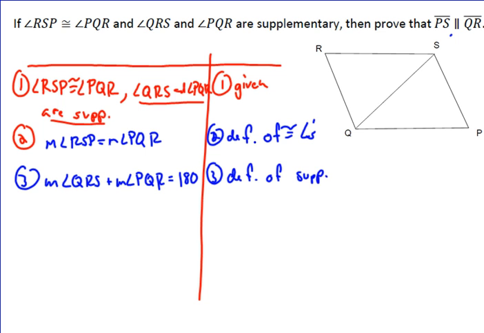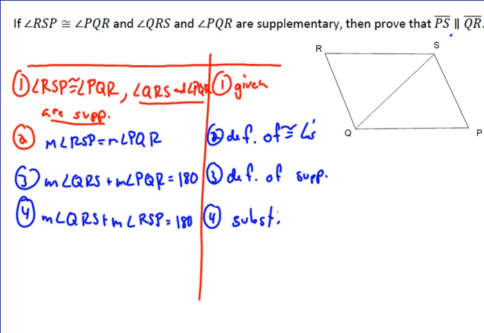And it does turn out that we can do a very easy and nice substitution, which allows us to say that measure of QRS plus measure of angle RSP, there's our substitution, equals 180, which is just by substitution. And that was really good, because now we've shown that angle QRS and angle RSP are supplementary.